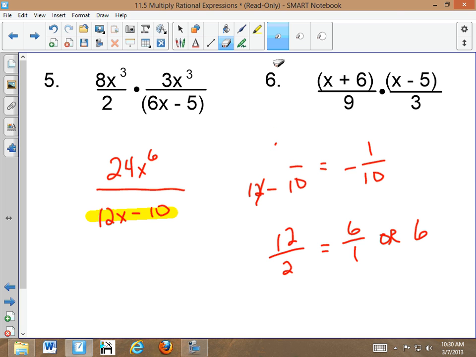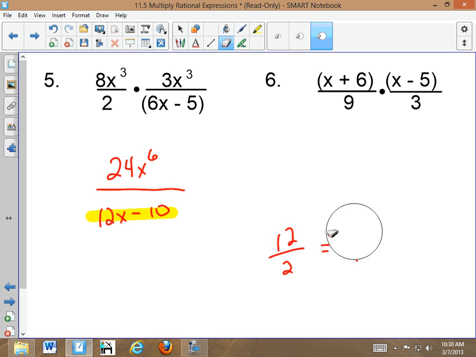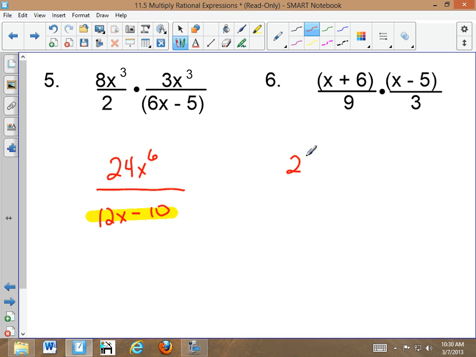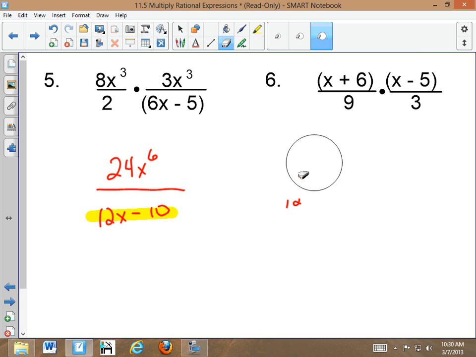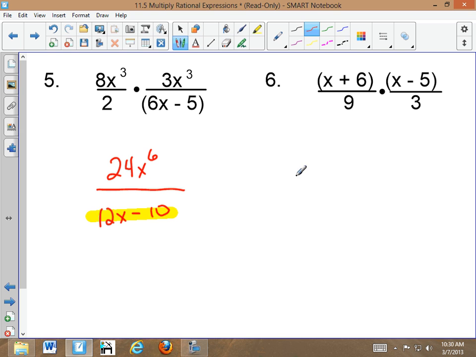Now let's look at something else. What if I had 24 over 12? Well, let's not do that. Let's make the numbers smaller and easier. What if I had 2 over 2 times 10? Could I cancel out my 2's here? Well, this is multiplication. The opposite of multiplication is division, so yes, you can cancel your 2's and you get 1 over 10.